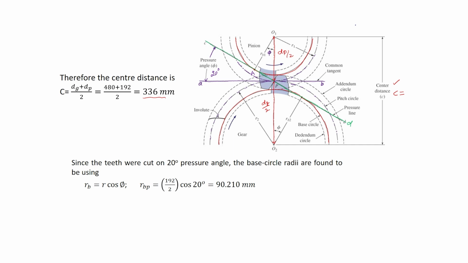Now, from the triangle O1AP, we can find the base circle radius of the pinion, RB1, which is equal to dP divided by 2, times cos phi, and which is written here.